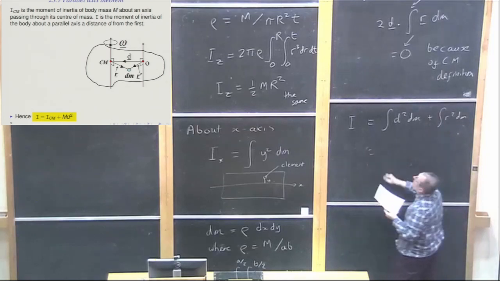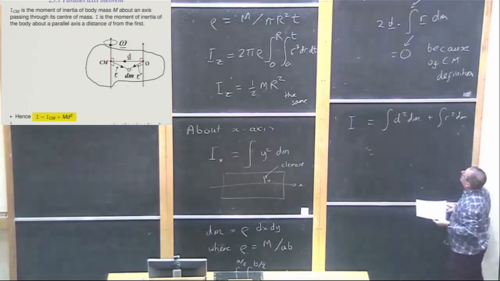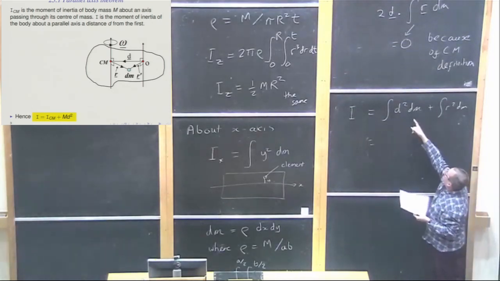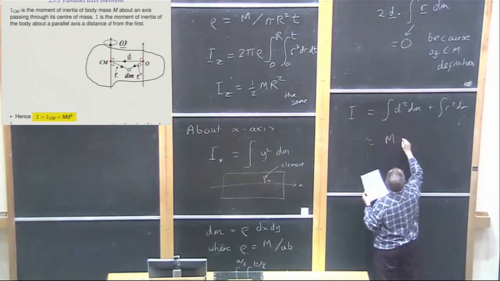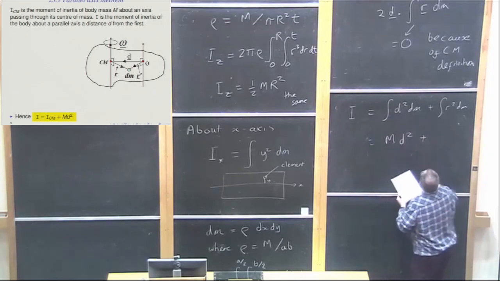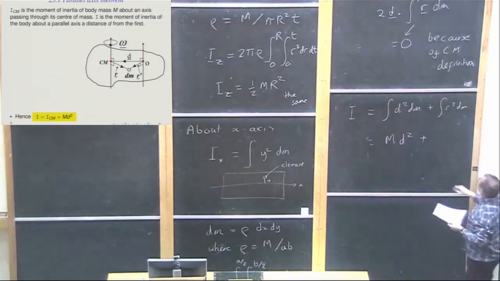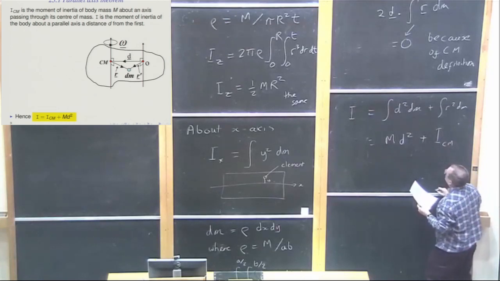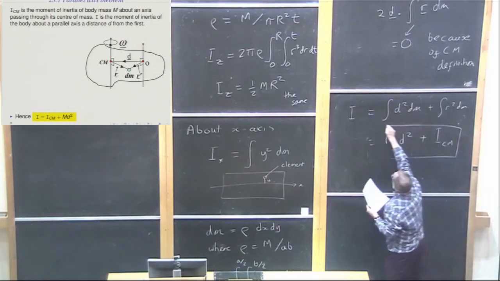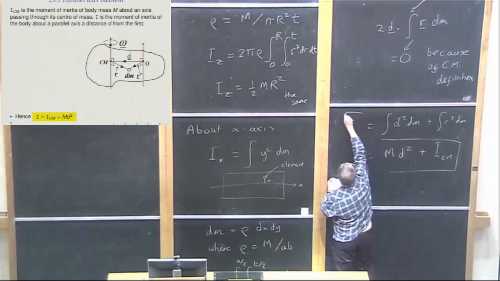And d is a constant. So this is just an integral over mass, so we just get big M d squared, and this is clearly the moment of inertia around the centre of mass. Okay, so this is the parallel axis theorem.